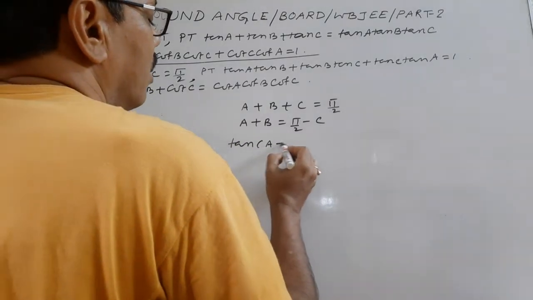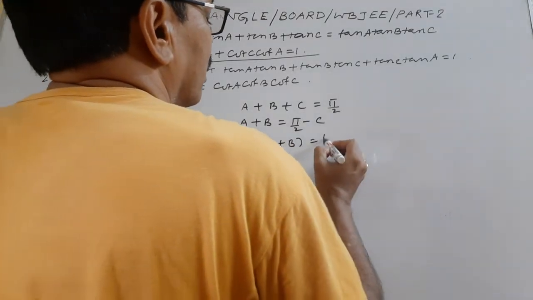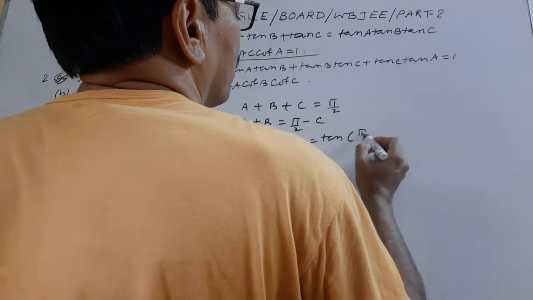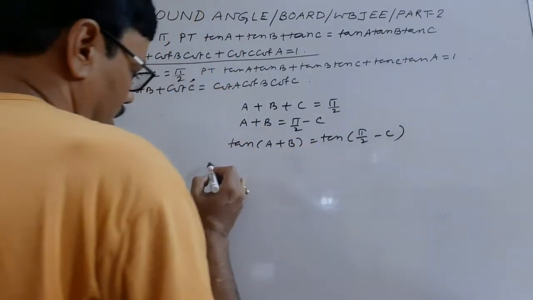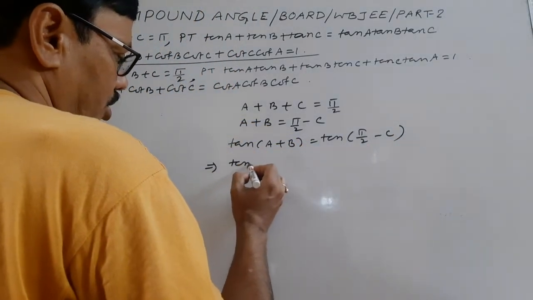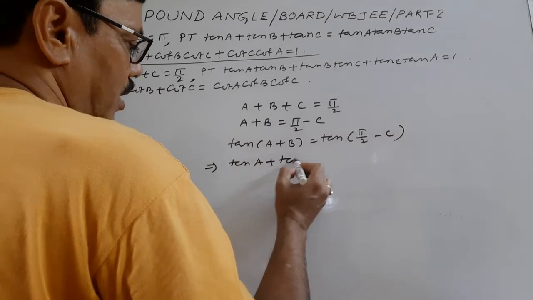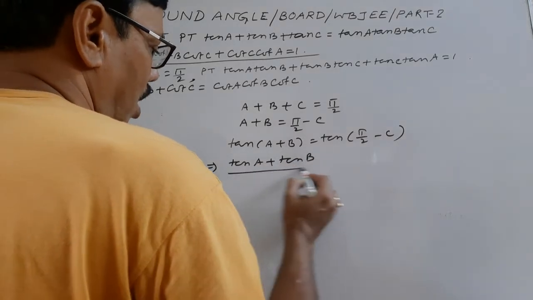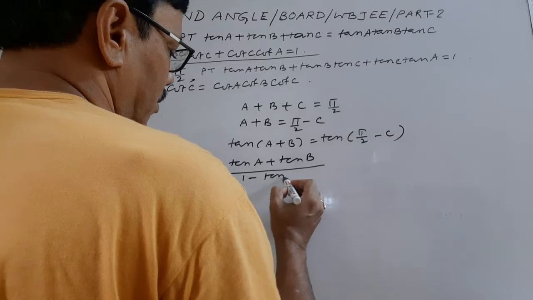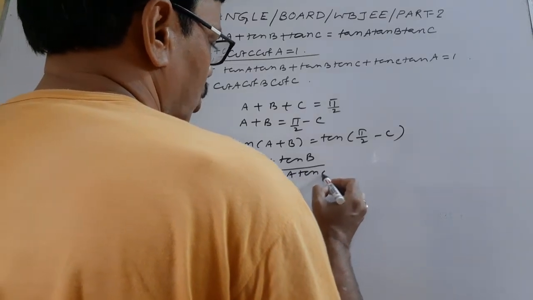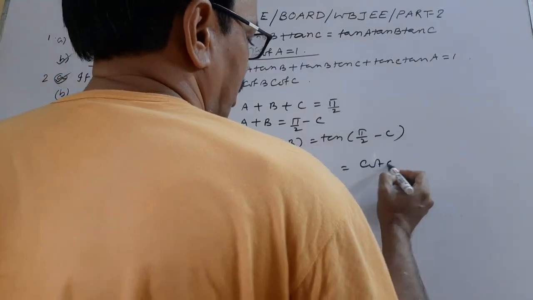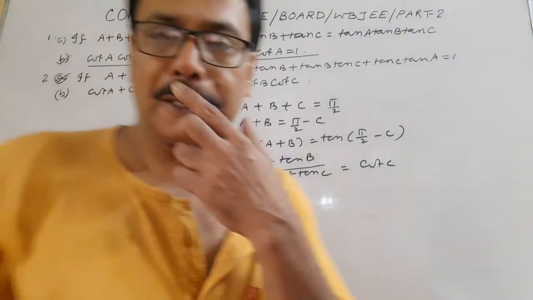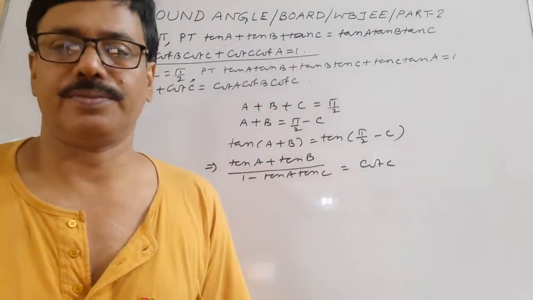So taking tan on both sides, tan(A+B) = tan(π/2 − C). So this implies (tan A + tan B)/(1 − tan A tan B) equals cot C, since tan(90 − θ) is cot θ.